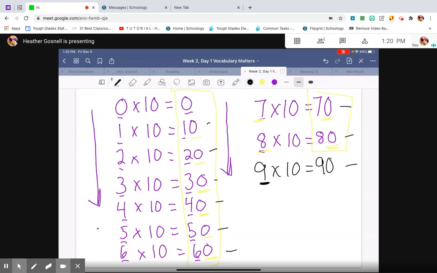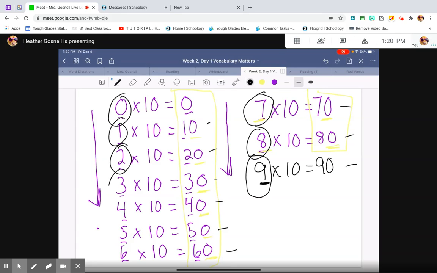Remember the finger trick I taught you? Use your fingers to represent these factors, and then skip count by 10, stopping at that number, and the last number you say in your skip count will be the answer.